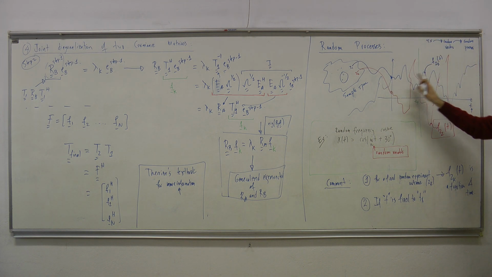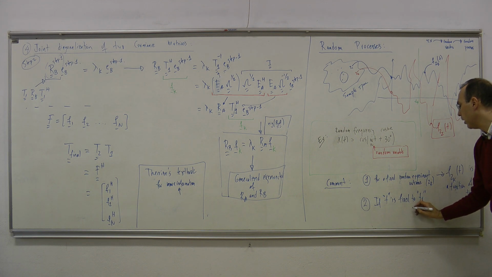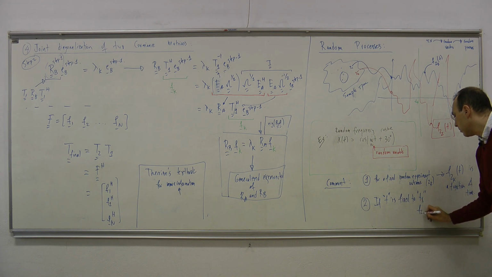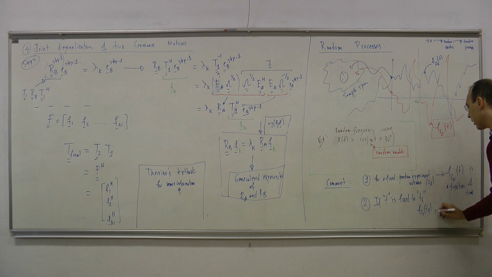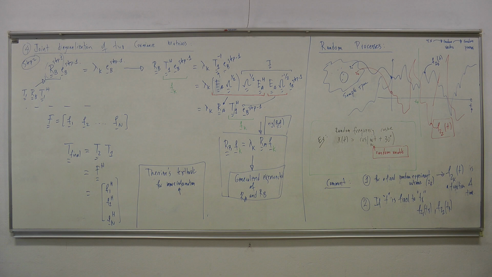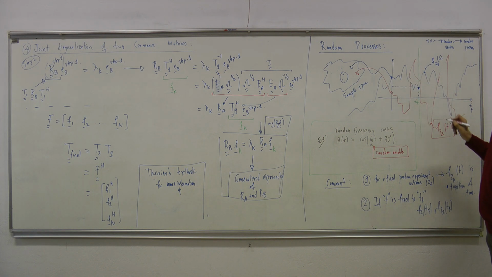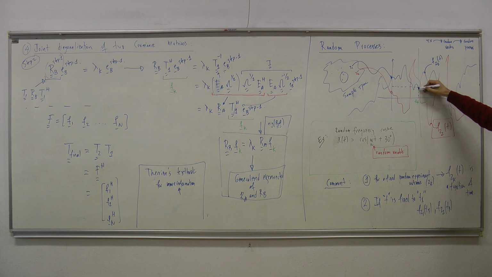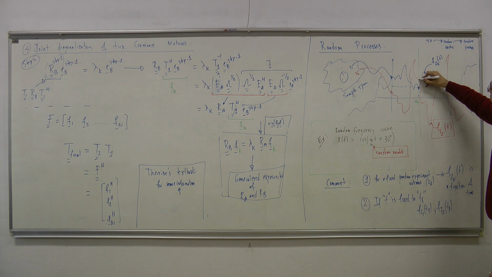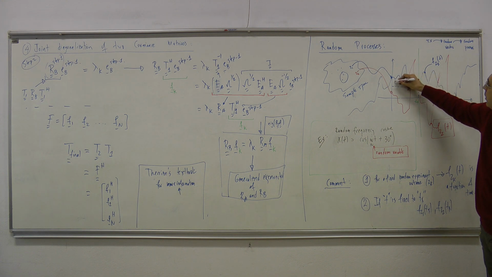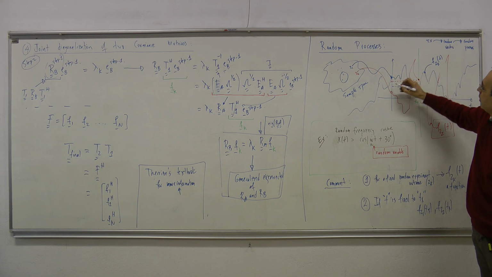I am not worried about what's going on before or after. Okay. Now, I have such a case: f1 at tx, f gamma 2 at tx, and so on. So, in other words, at this time tx, maybe you observe this value, okay? Because this function is passing through this value at tx. Or the red one, this is the other experimental outcome. So you are either observing this or that.